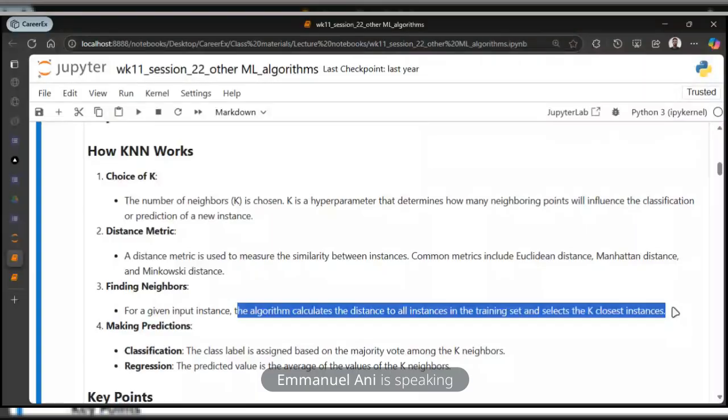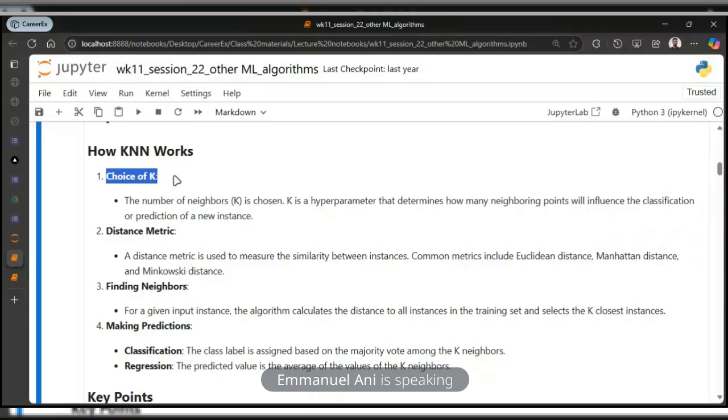So that is how KNN works. You choose your K, then you choose your distance metric, and then this happens, and that is basically it. There is really nothing more that's done when it comes to KNN.